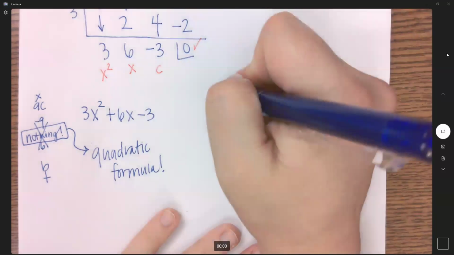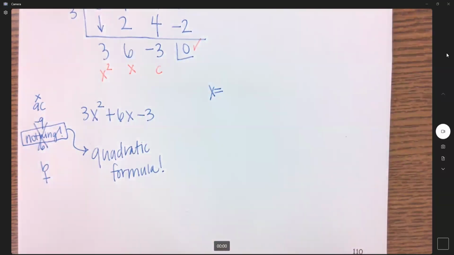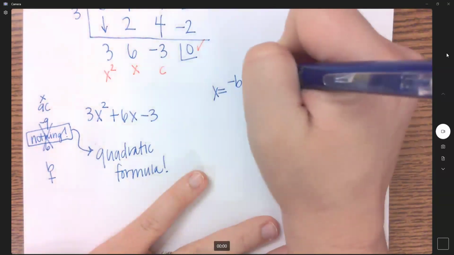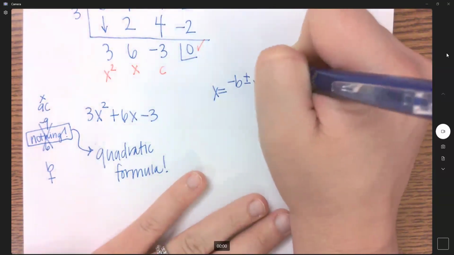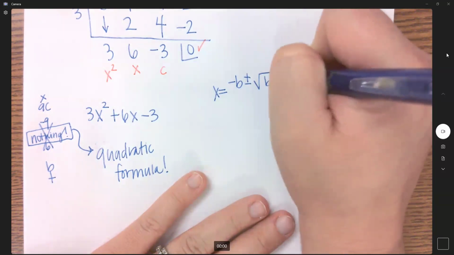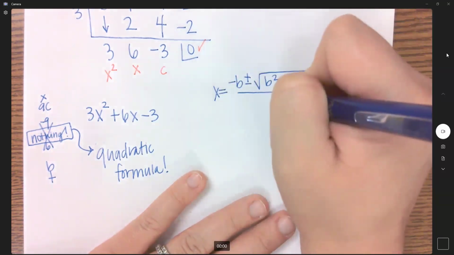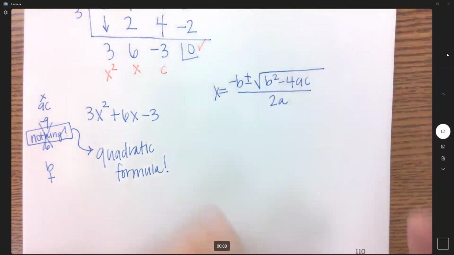So our quadratic formula, pause the video if you want a moment to try to remember it. x equals -b plus or minus the square root of b squared minus 4ac all over 2a.